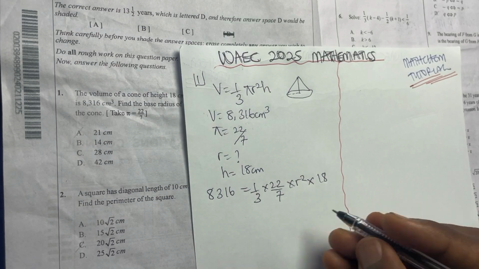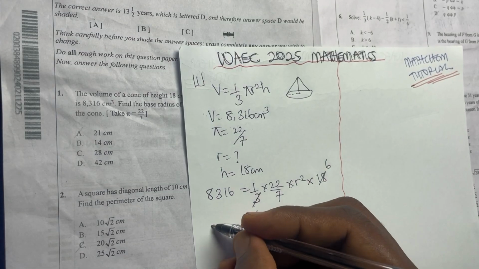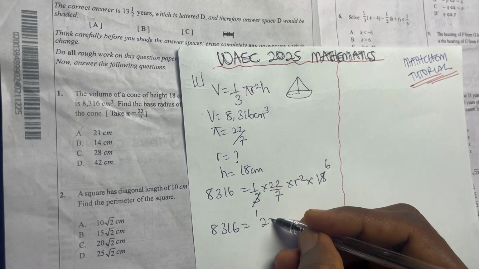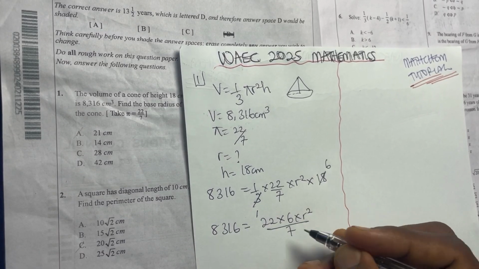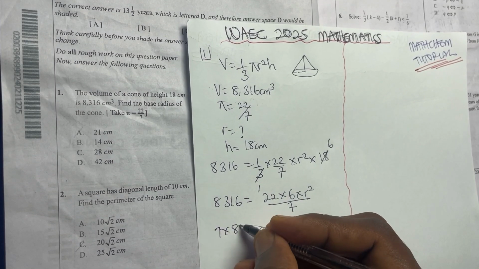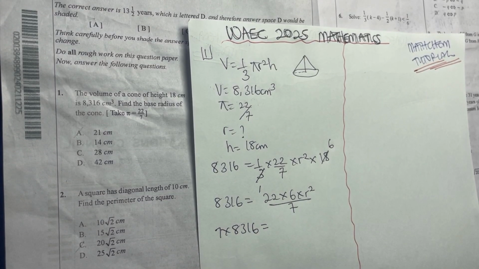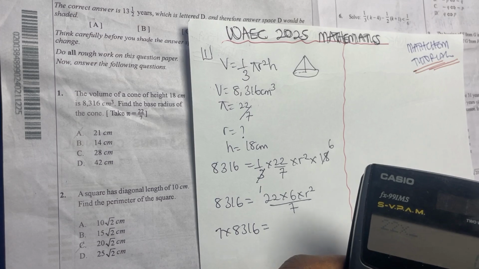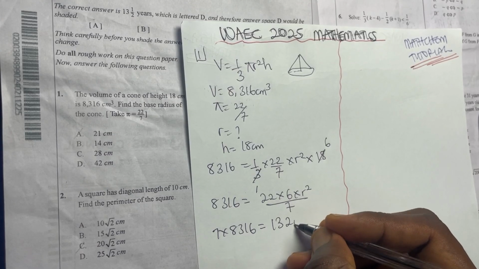Now let's solve. 3 here 1, 3 here is 6. Then I'll have 8,316 equals 22 times 6 times r square, everything over 7. You can cross multiply from this stage by saying 7 times 8,316 equals 22 times 6, that is 132, so I have 132 r square.